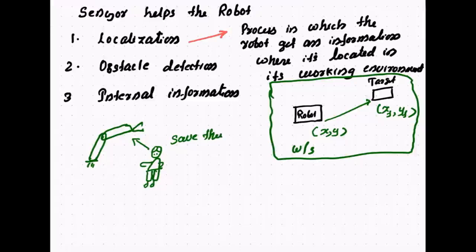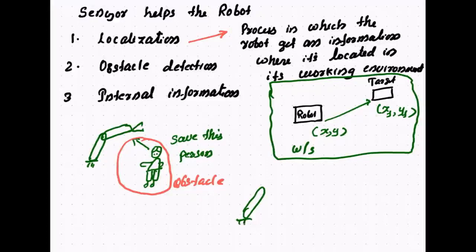Assume that the man is moving along the working region of the robot. To save this person, the robot needs to identify that a foreign object has entered its working environment, and then either the robot stops there or deviates from its predefined target. This process we call obstacle detection.